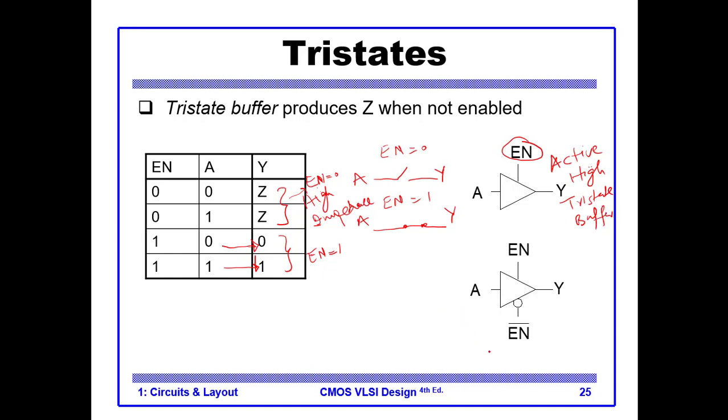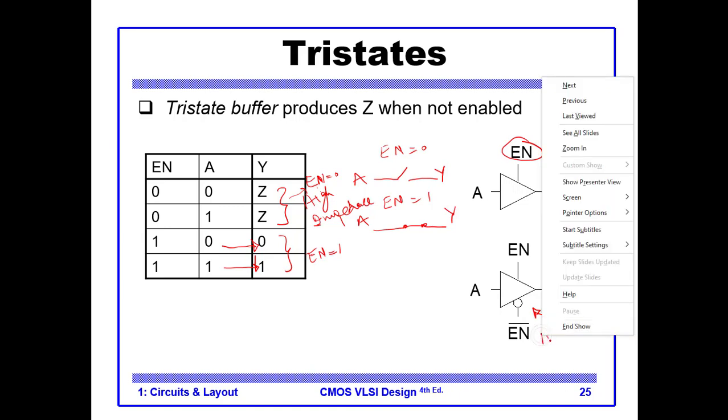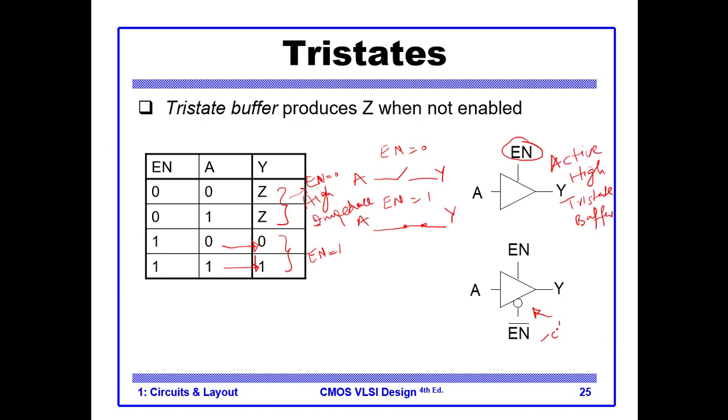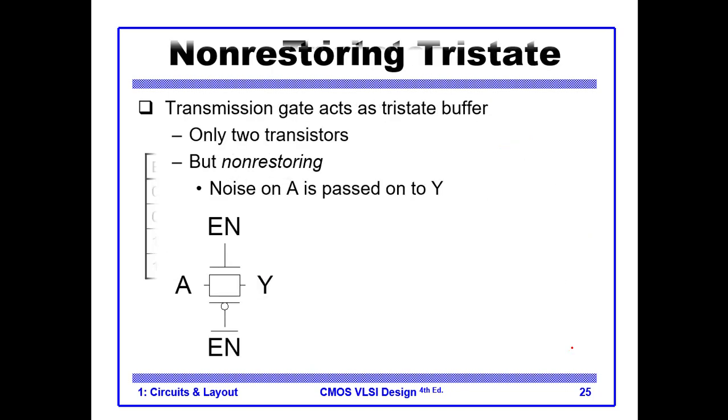The opposite can be, for example, this one, which has a bubble. This is active low tri-state buffer.